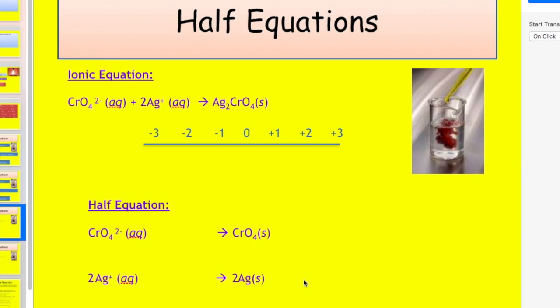Now, what we need to add to this is the electrons. I'm going to suggest the first step that might help you with this, because students can struggle with this, I find, is we're going to draw out a number line here, like so.